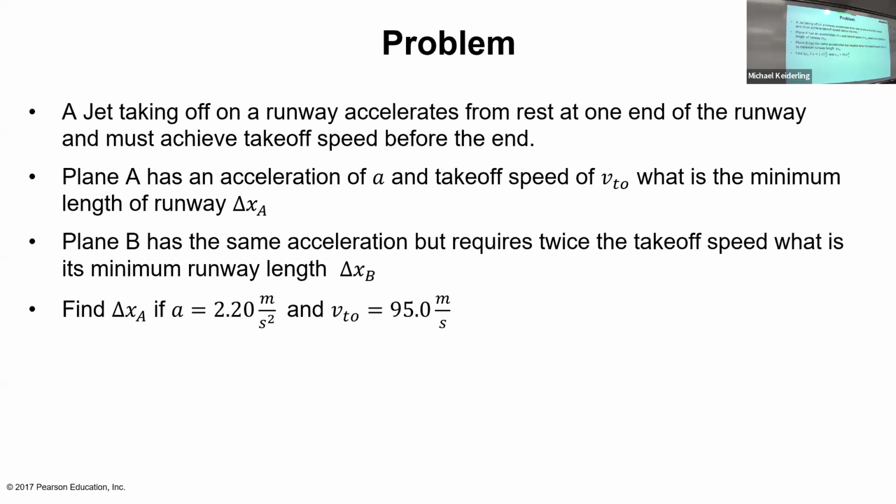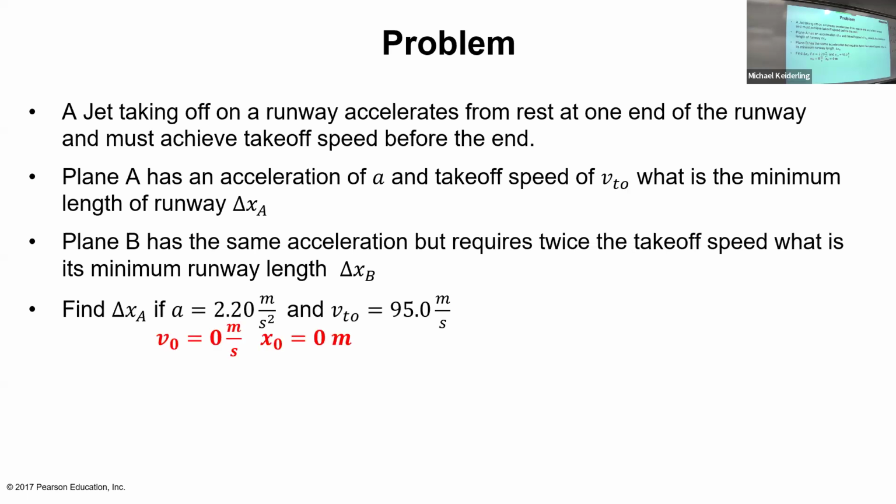So the first parts of this are asking you to solve something symbolically, find an equation. We know final velocity, well, actually, this is final velocity. We also know initial velocity and acceleration.